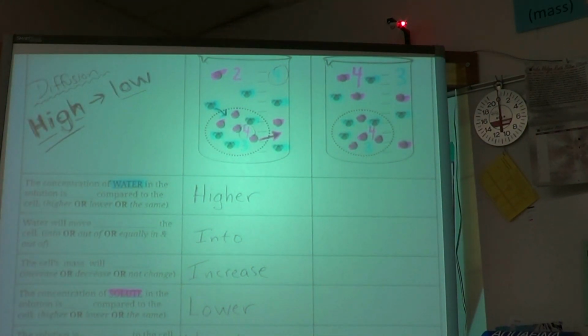Okay, so we have 4 pink solutes on the outside, we have 4 pink solutes on the inside, we have 3 blue water molecules on the outside, 3 blue water molecules on the inside.